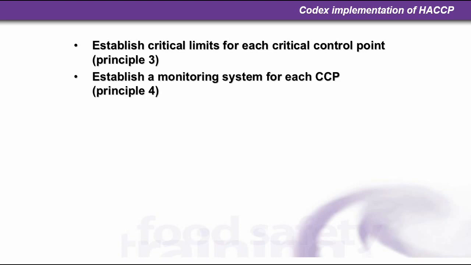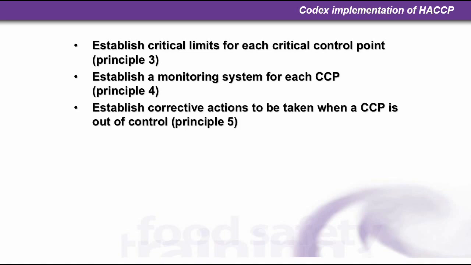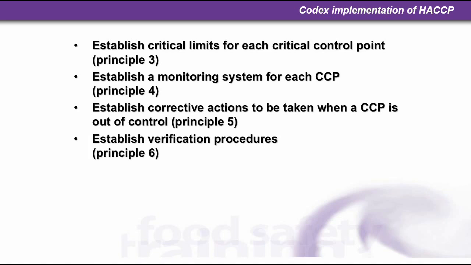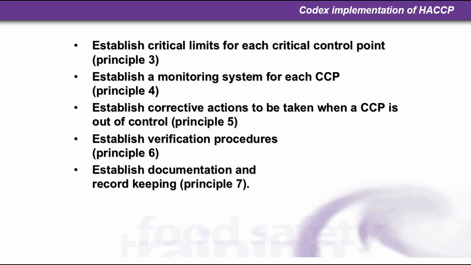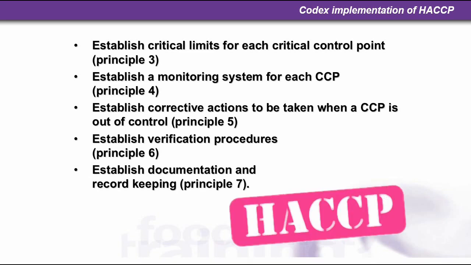Principle 4: establish a monitoring system for each critical control point. Establish corrective actions to be taken when a critical control point is out of control. That's Principle 5. Principle 6: establish verification procedures. And Principle 7: establish documentation and record keeping.